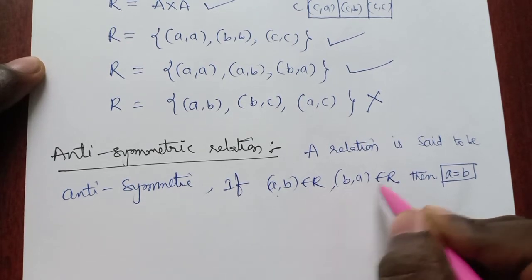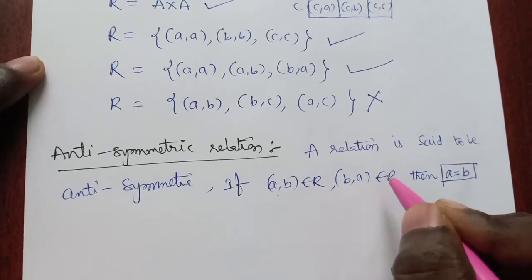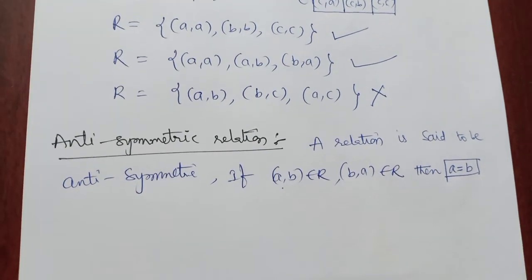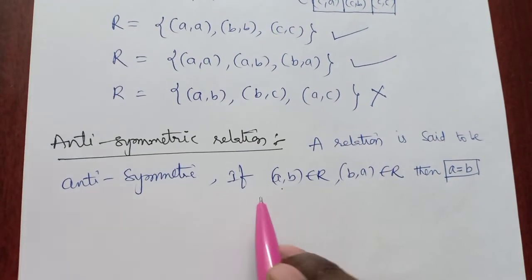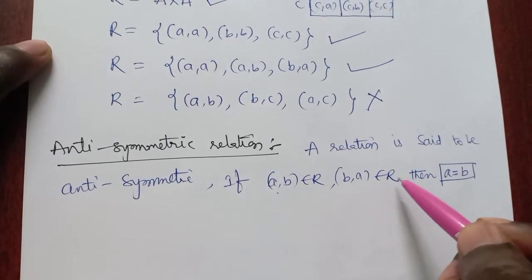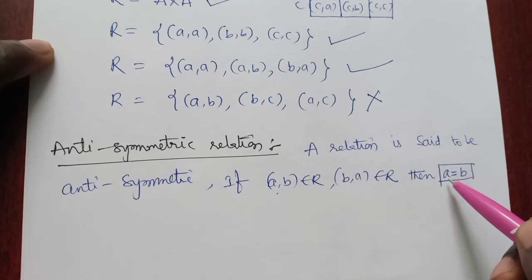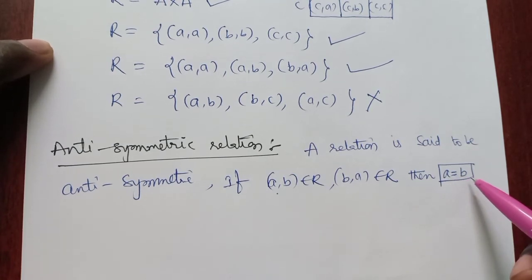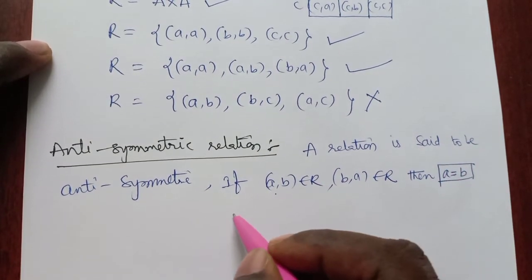and we have (b, a). When is it possible? If a equals b. So please observe this clearly. If (a, b) belongs to R and (b, a) belongs to R, then we must have a equal to b. Suppose a is not equal to b, if (a, b) belongs to R, then clearly (b, a) must not belong to the relation. Simply, if these two belong to the relation, clearly a equals b.